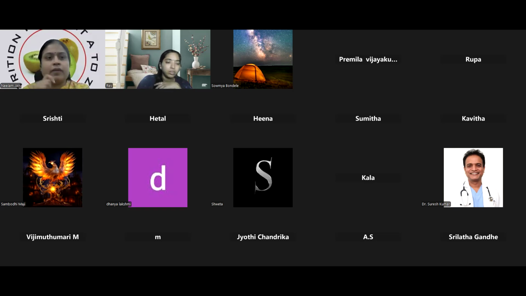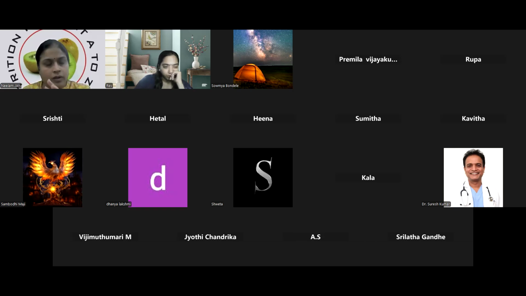Say, for example, when you have IBS, what I give is gulkand. Gulkand has a sugary property, so that has a cooling property. That is why all my IBS people would definitely have gulkand.